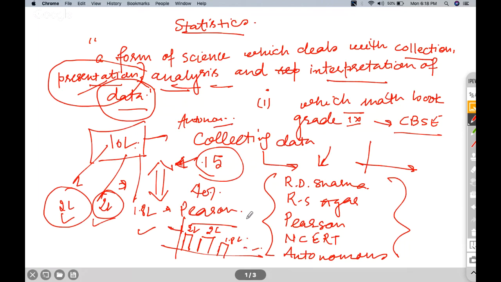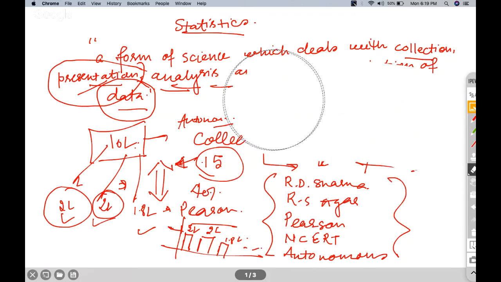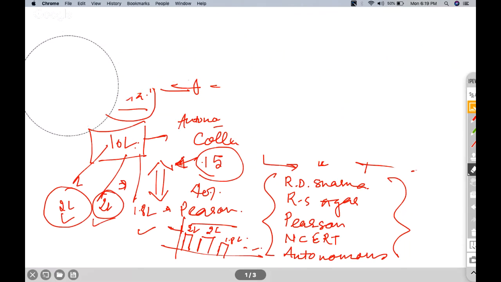So statistics is gathering data from somewhere, studying that data properly, putting it in a certain format depending on my requirement, and then trying to find out behavior, habits, or characteristics which are of my liking.